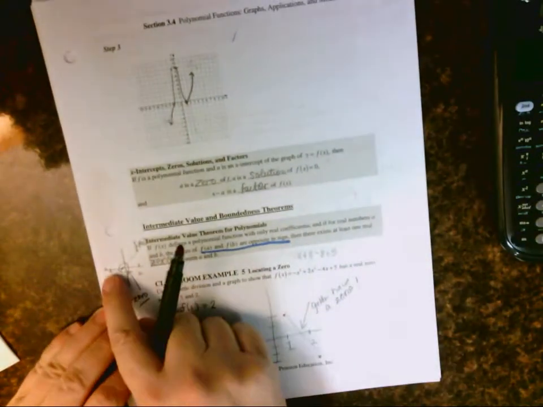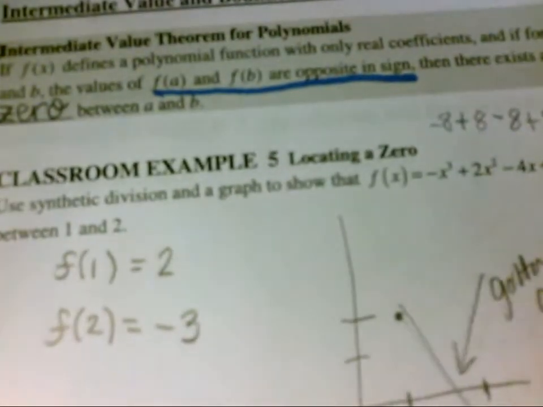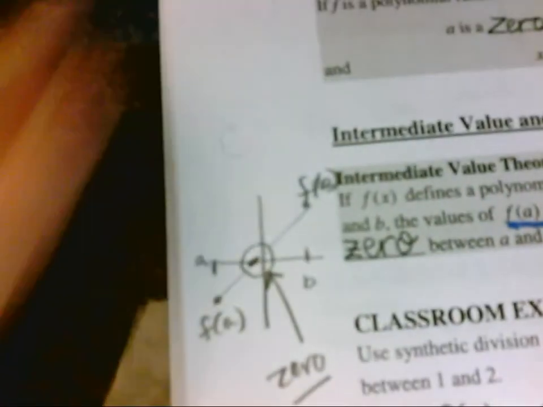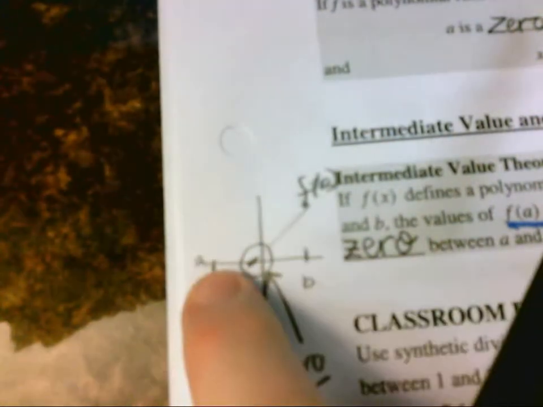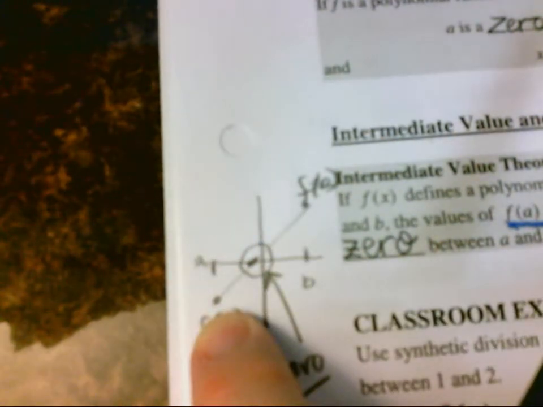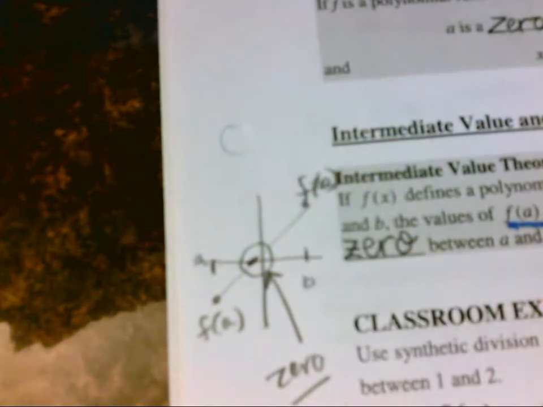So what they're saying here is that if you had a graph, let me see if I can zoom in on this because I know some of you will probably have trouble seeing it otherwise. Okay, if you have a point A, and let's pretend f of A is negative, and you have a point B, and f of B is positive.